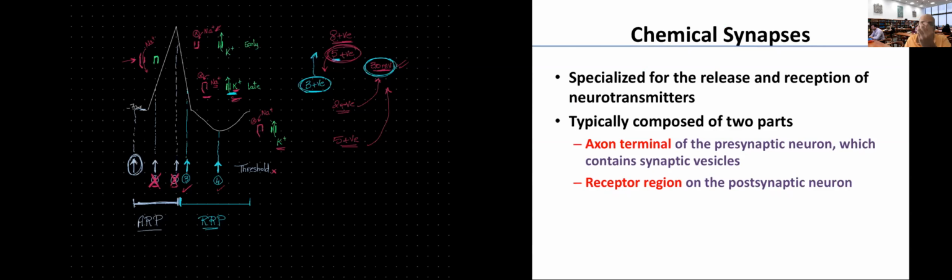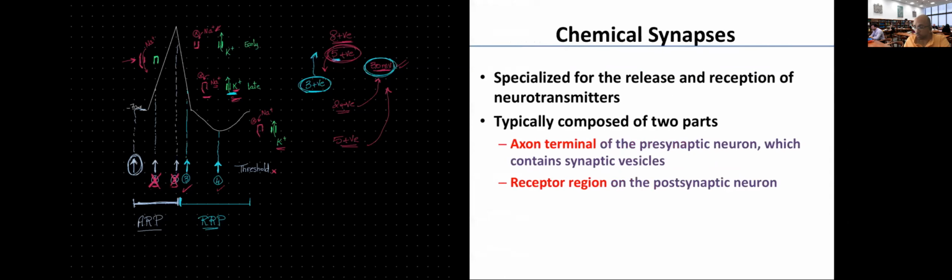So if I'm connecting an axon terminal to the cell body, the receptive region of the postsynaptic neuron is going to be the cell body. If I'm connecting the axon to the dendrites, the receptive region for the postsynaptic neuron is going to be the dendrites. This is where I've got the receptors for the neurotransmitters.